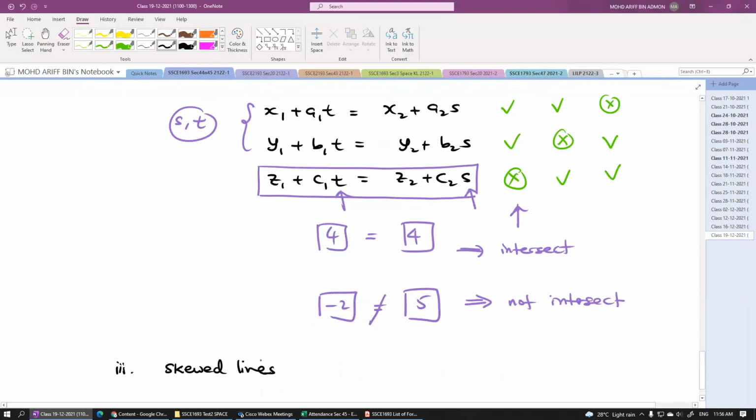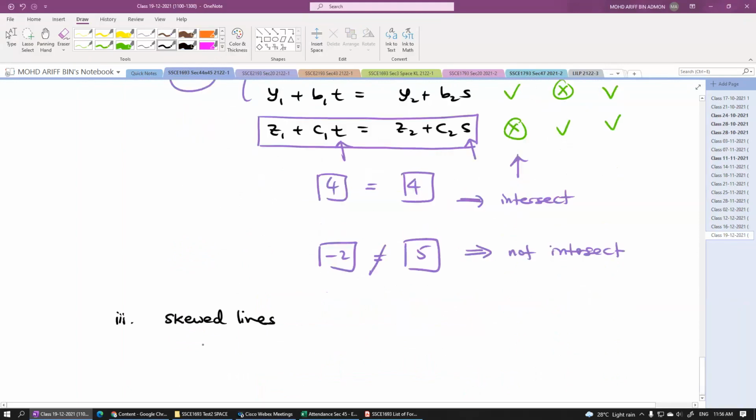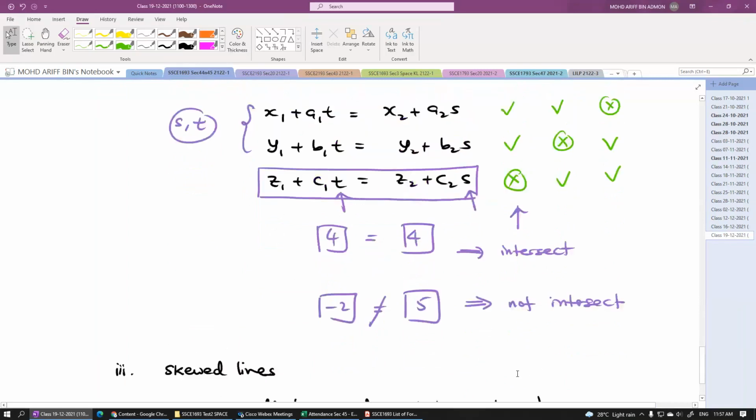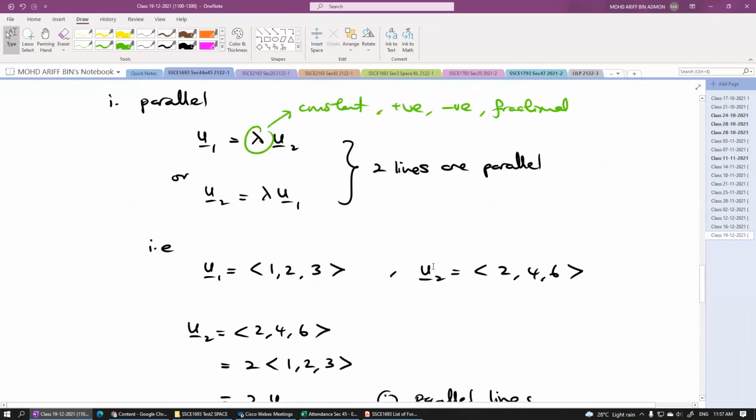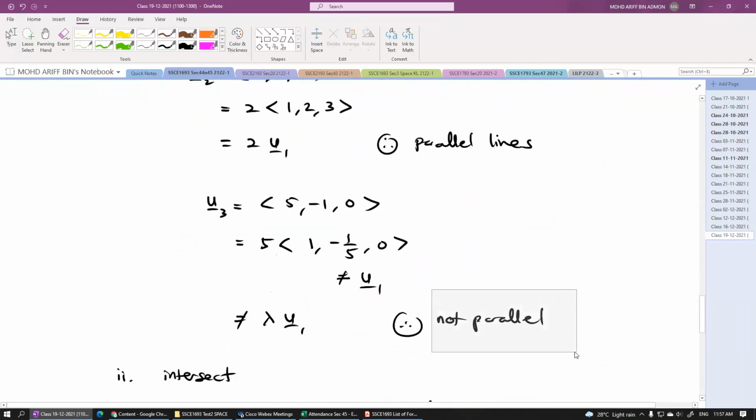Skewed lines. What is the meaning of a skewed line? Simple. A skewed line is when both lines are not parallel and do not intersect. To identify whether both lines are skewed, you have to check that they are not parallel, so you cannot write them in this relation.